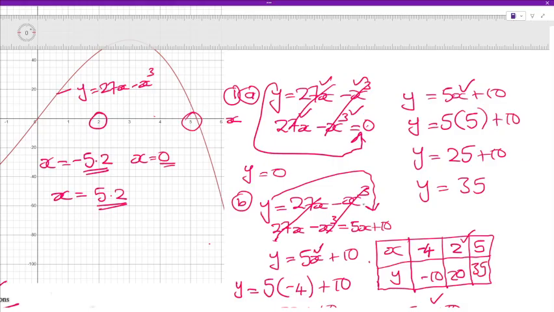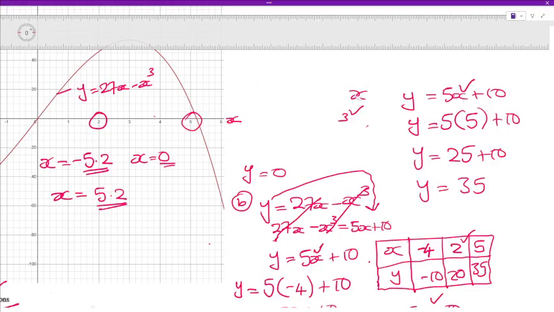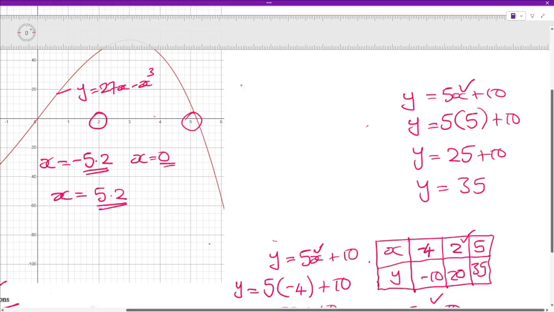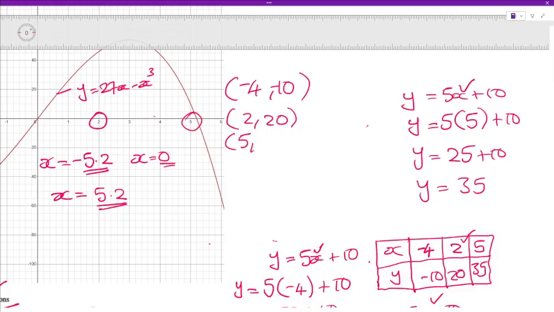These are our coordinates. Now let us go ahead and plot this inequality. So let me just capture the coordinates. What are the coordinates? We have negative 4, negative 10. The other ones we have 2, 20, I'm getting them from the box, and 5, 35 actually.